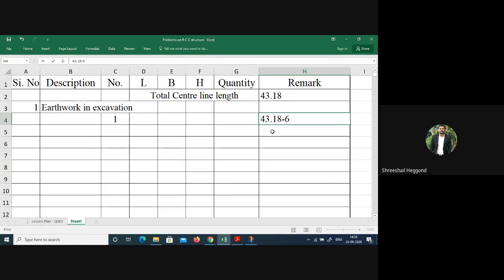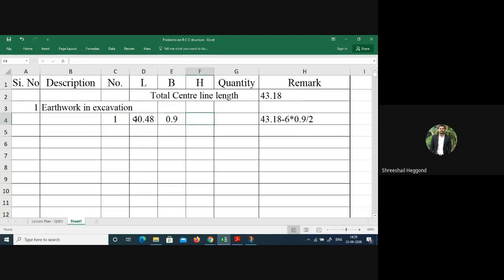There are 6 T junctions into width of excavation 0.9 divided by 2. It will be the central line length, length for excavation, 40.48.